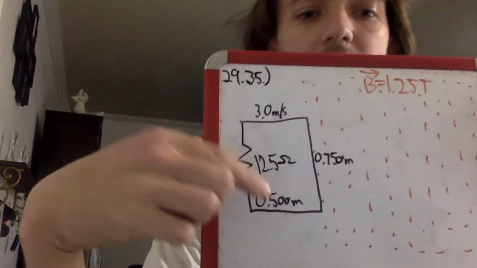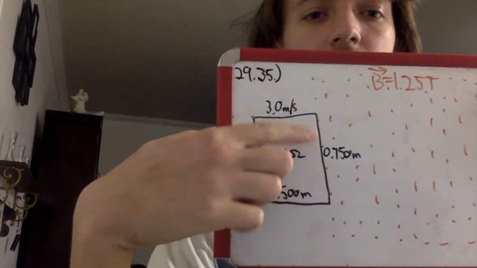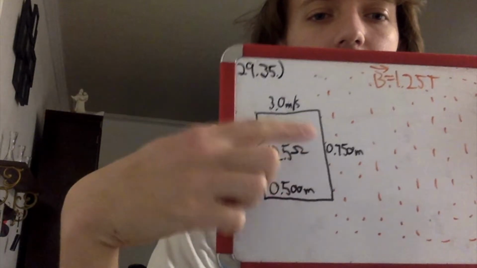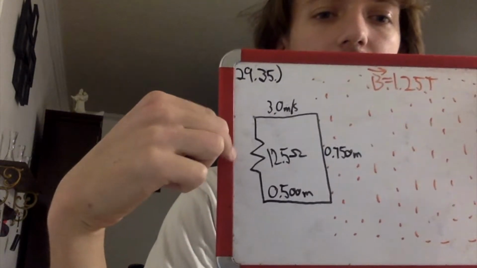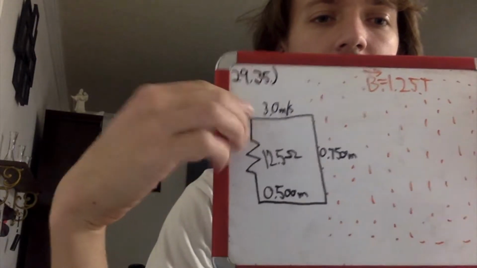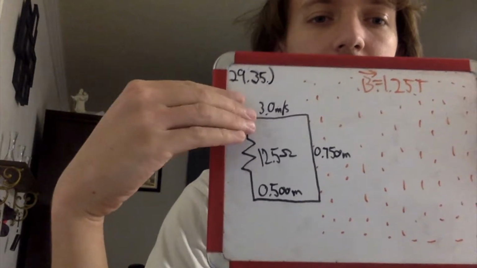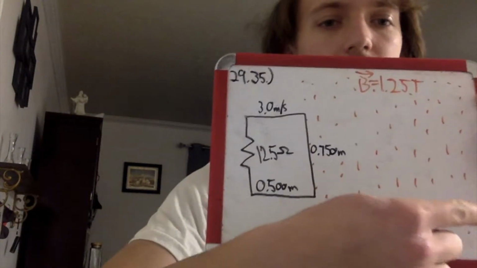We have it to where it's a ½ meter wide and 0.75 meters tall, and it's a rectangle. The resistance is 12.5 ohms, and we can ignore the resistance of the rest of the wiring. And it's moving at 3 meters per second into the field.